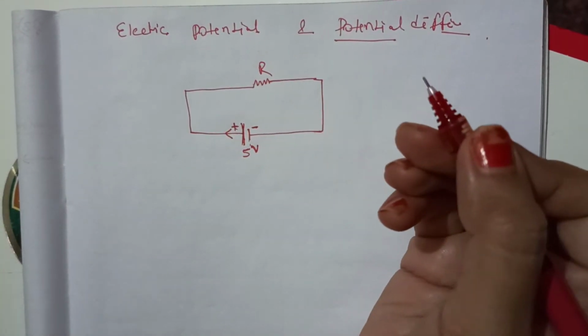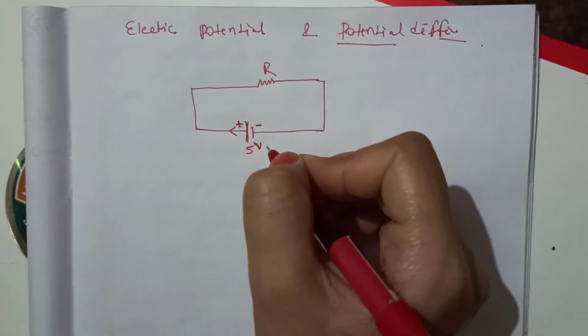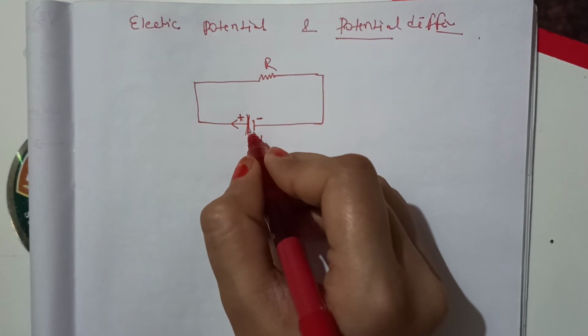So what is the potential difference between 2 points? Whatever we are giving the battery, that is creating the potential difference.